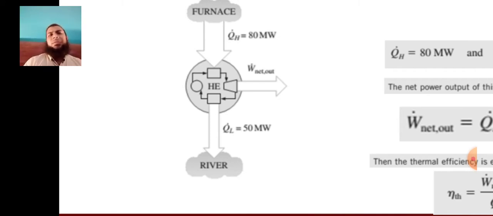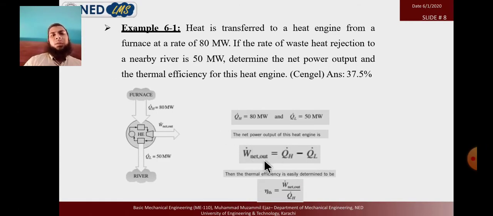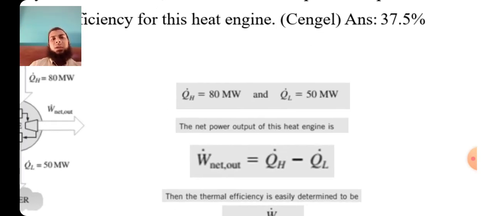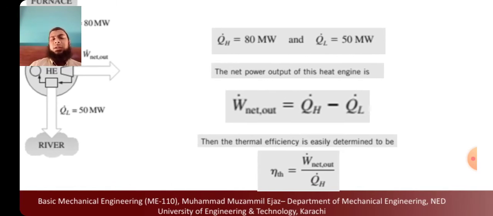By definition, the net heat input is 80, and 50 is lost from the 80. So how much is left? 80 minus 50, that is 30 megawatt. By this we derive the formula: W net is QH minus QL.